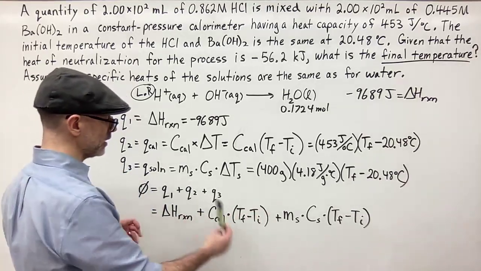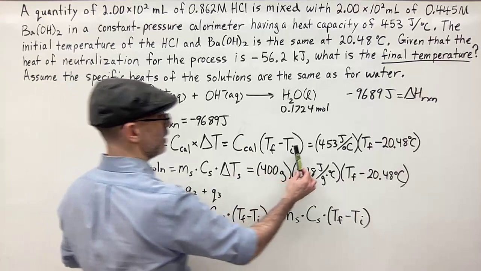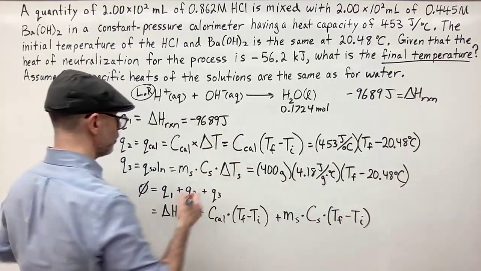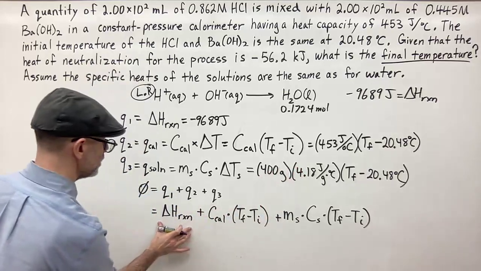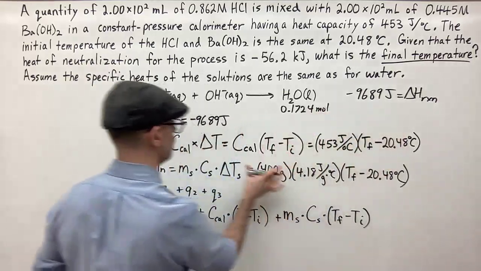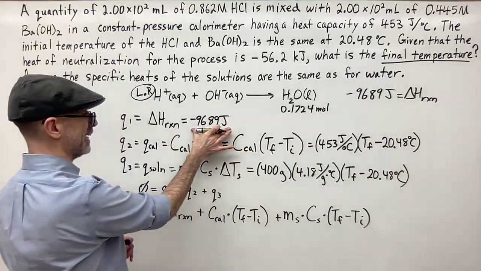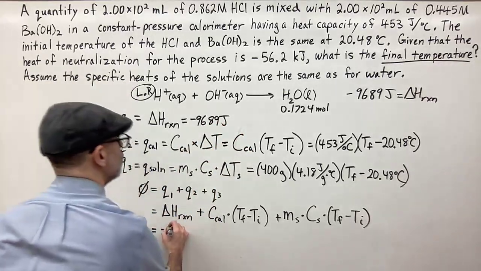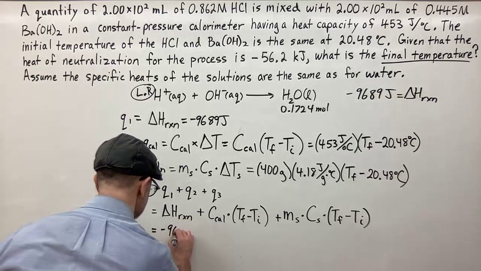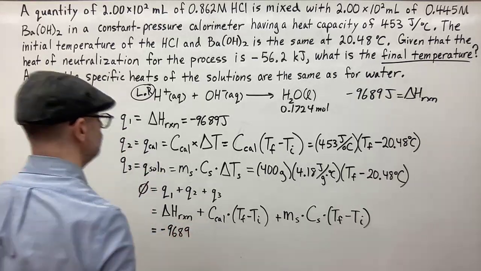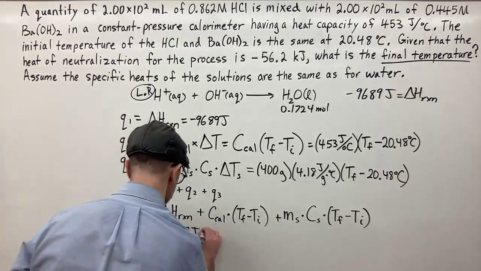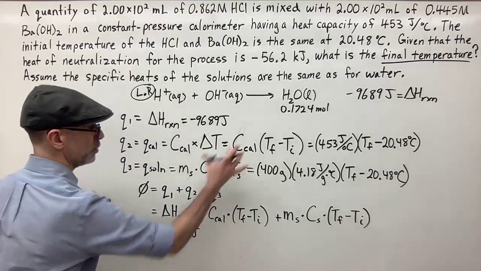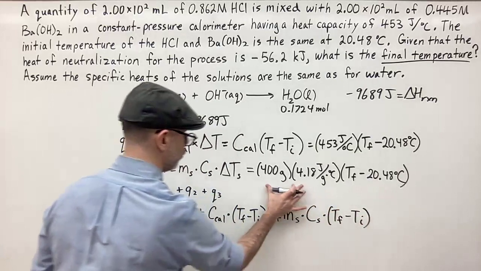Okay, and then basically I'm just going to take these and plug them in. So this is the heat of the reaction, which is negative 9689 joules. And then I'm going to plug in the values. So here it is with the values plugged in.